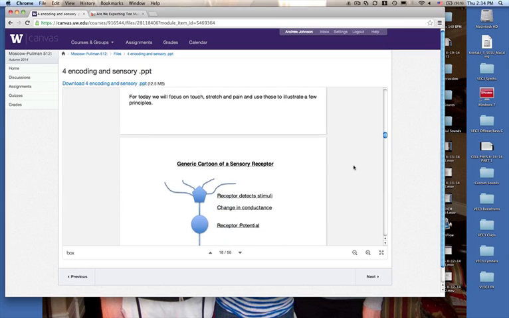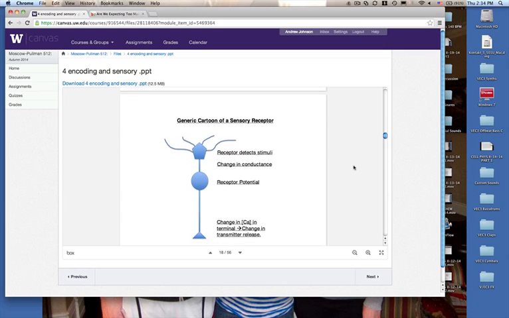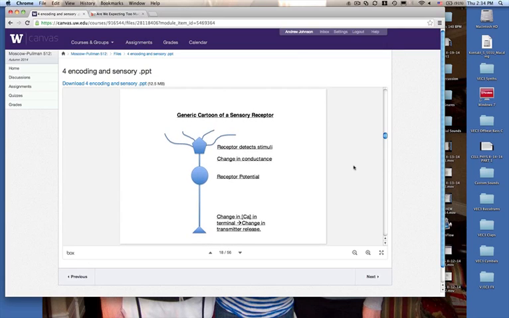Here's a generic cartoon. This is our generic cartoon of a cell. Again, we'll have lots of different variations on this. So you have receptors that detect stimuli. That gives rise to a change in conductance, so that's our receptor potential.